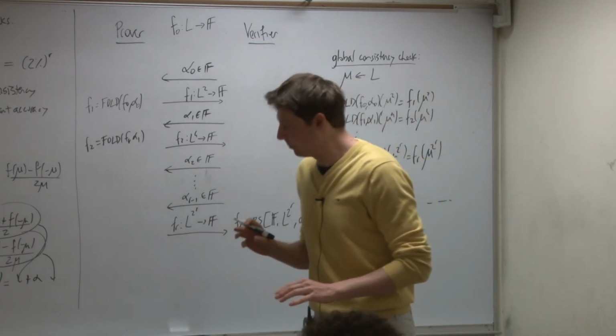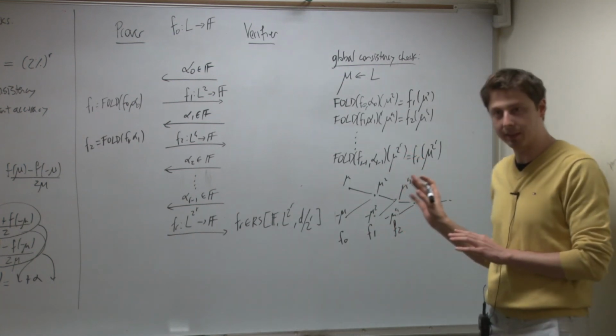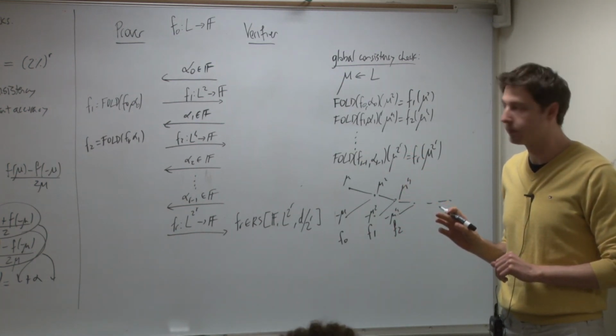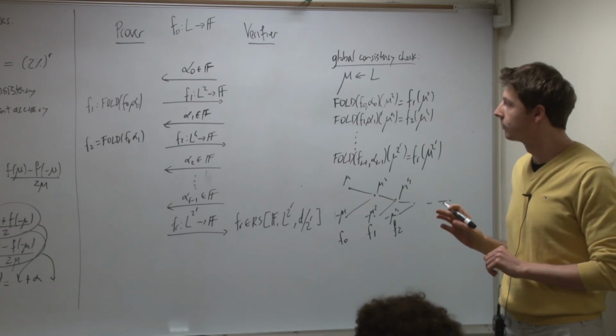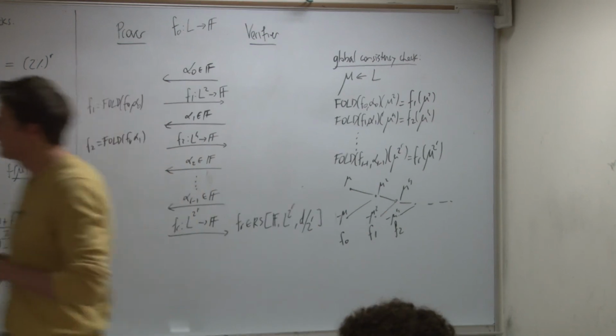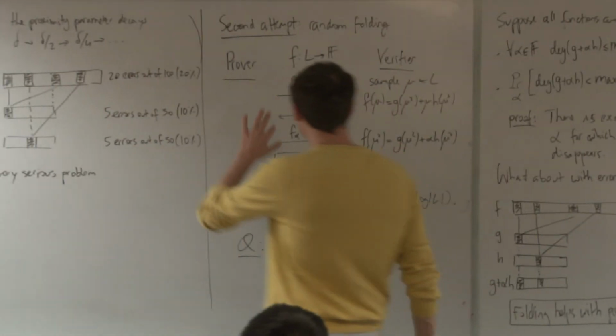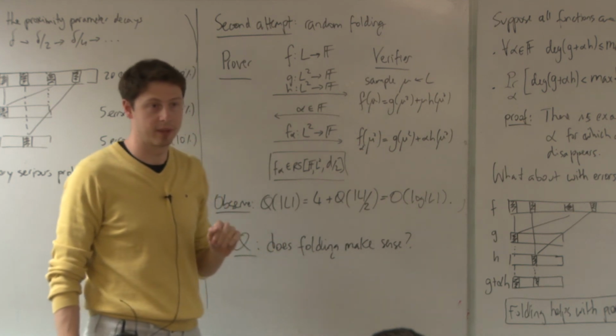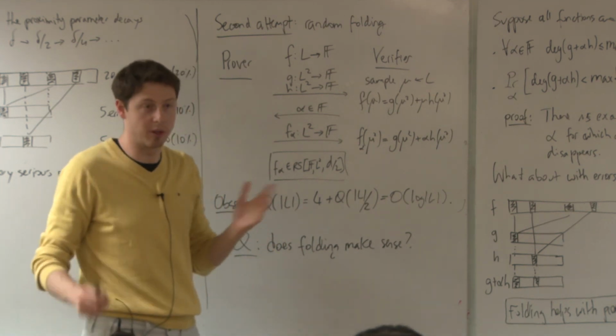And so first, are there questions syntactically? Yes? How is it different than just using the same mu for every round in the other protocol? So that's a good question, but I also have this error between F and G and H, okay? And actually, I don't know whether one can handle that.